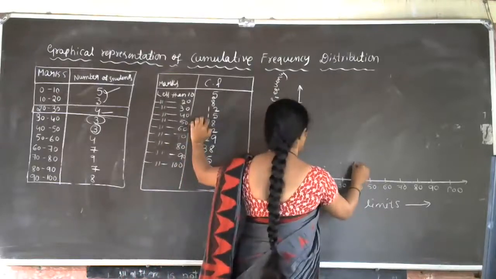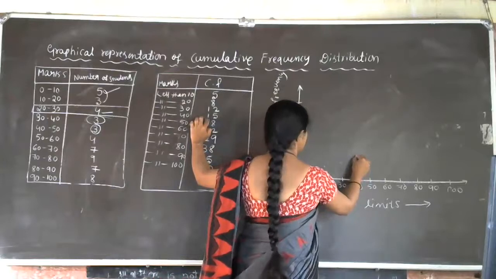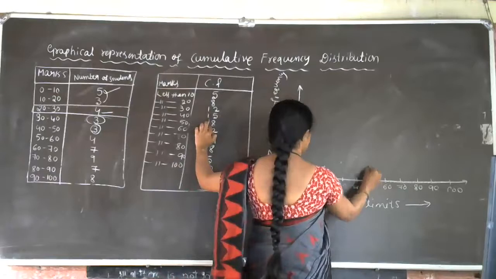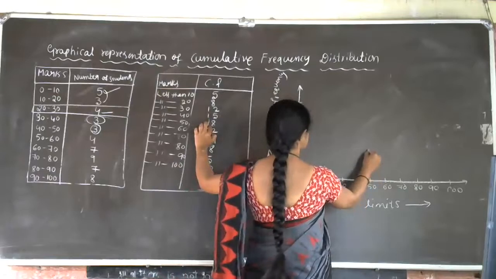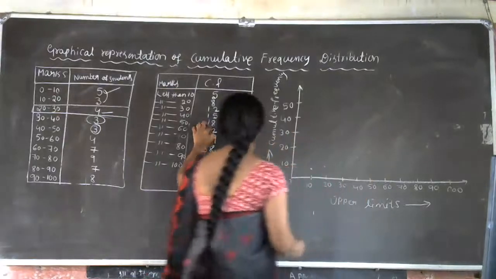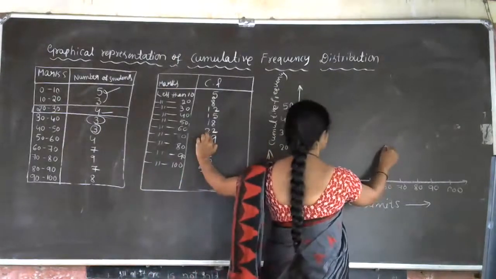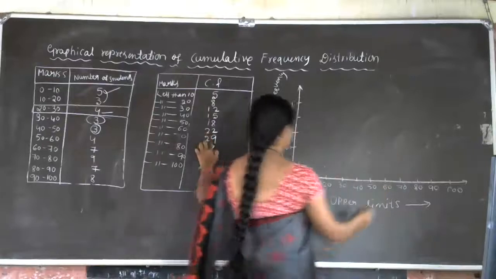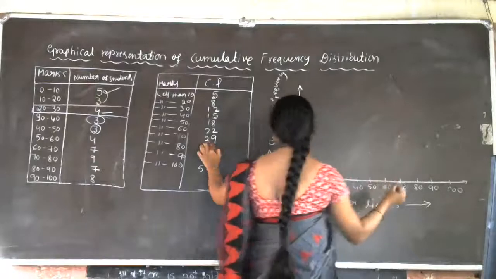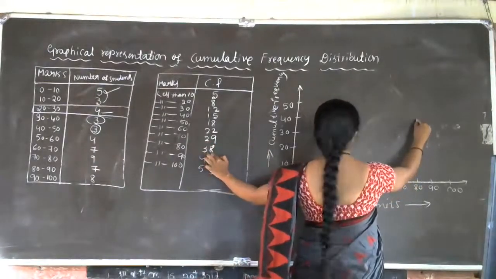Next, less than 40, 15. Less than 40, 15 in the sense in between 10 and 20, 15. Next, less than 50 is 18, here. Next, less than 60, 22 here. Less than 70, 29. Next, less than 80, 38. 38 is here.